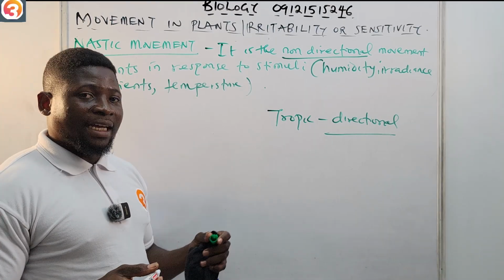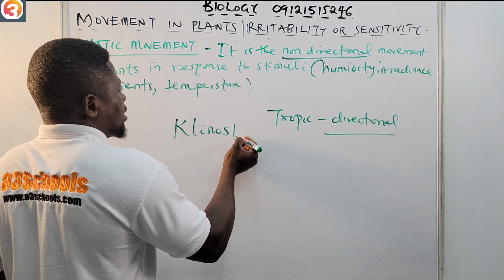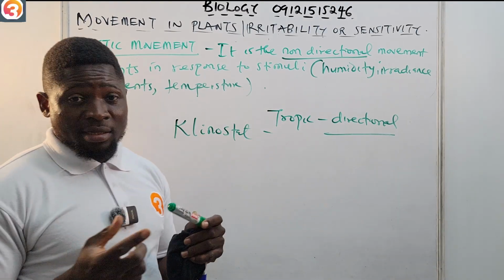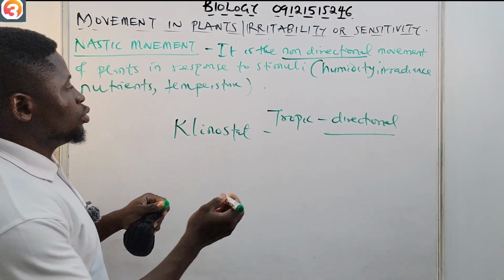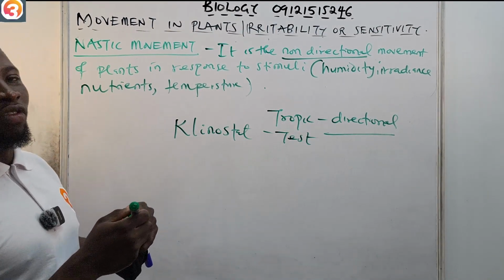So we have a device called clinostat. What this device does is it is used in experiments basically to test the growth movement of plants.